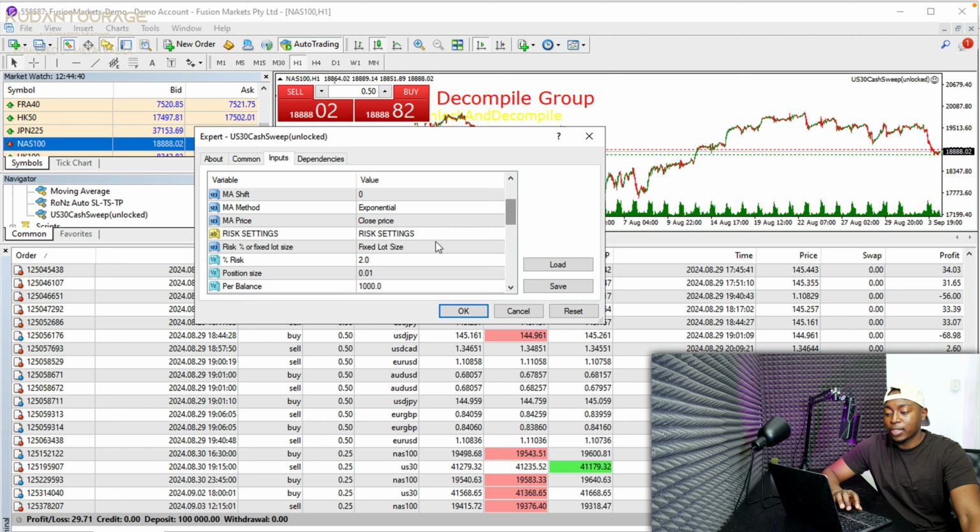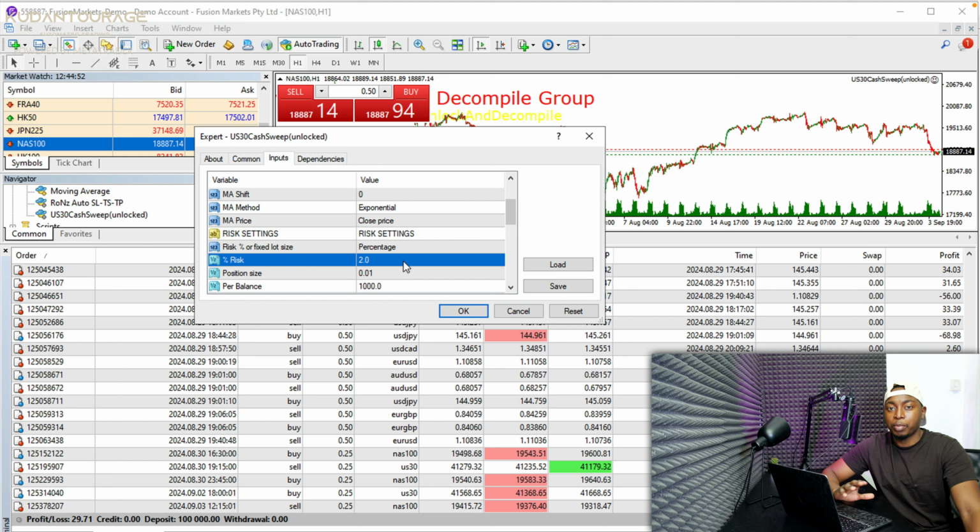Then on here, the risk settings, there's the beauty of this bot. You can choose fixed lot or you can choose percentage trade. If you choose percentage trade, that means you can risk 0.5% or maybe even 1%, or maybe if you want to pass a trading challenge, you can risk 2%, so that if you trade, let's say 2 trades and they're successful, you're going to get just under 4%, depending on if there's a cutoff on your trade, but you could get 4% in a single day.